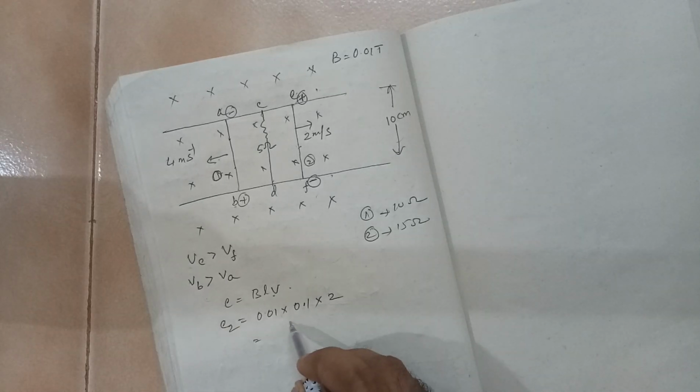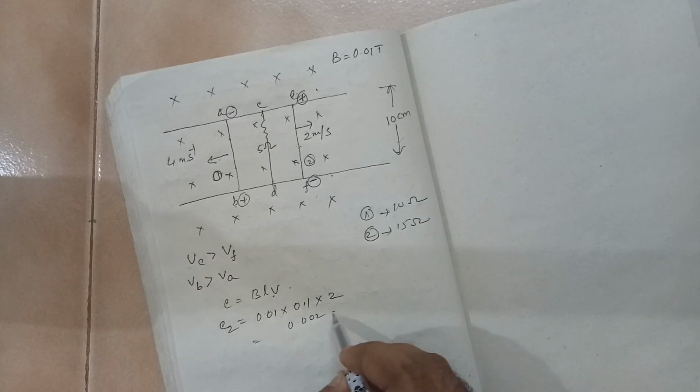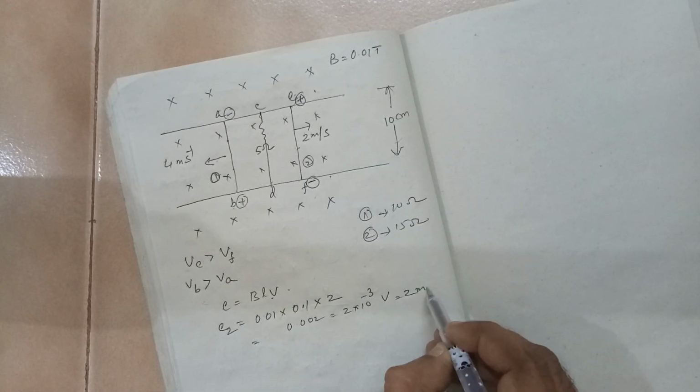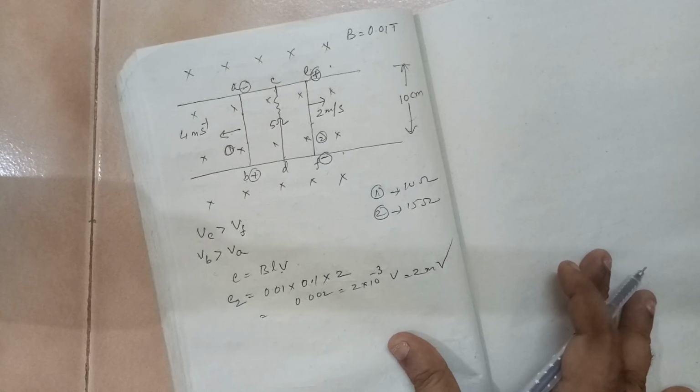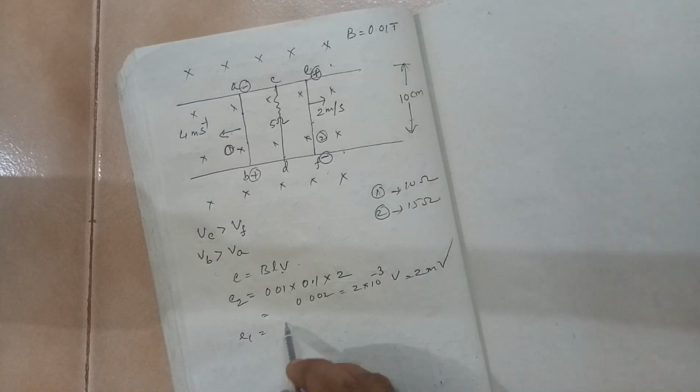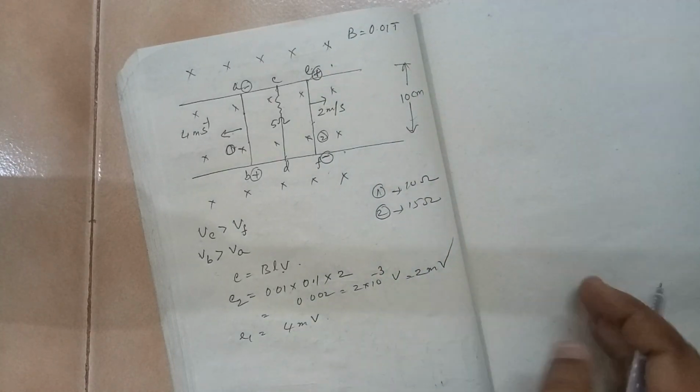So it is 0.002 or 2 into 10 to the power of minus 3 volts, or 2 millivolts. Obviously the speed is double, so for E1 it will be 4 millivolts.